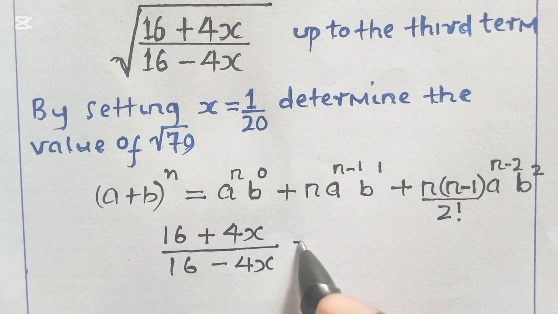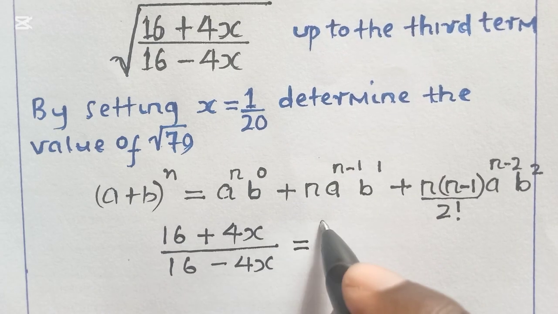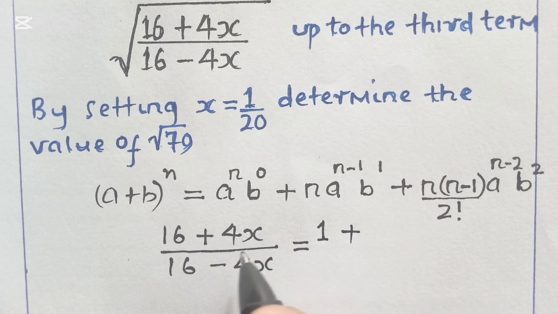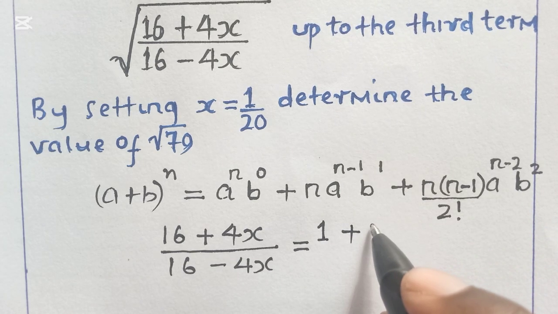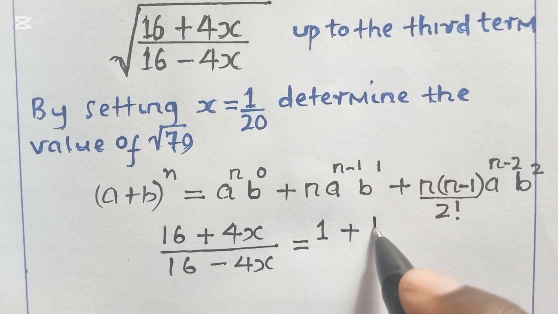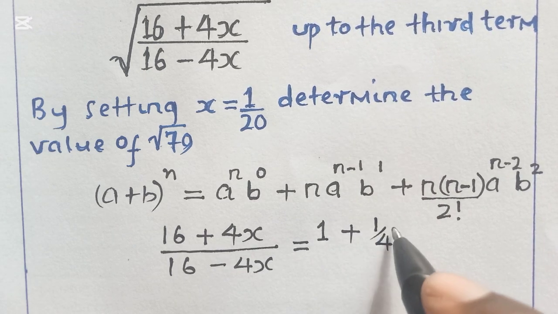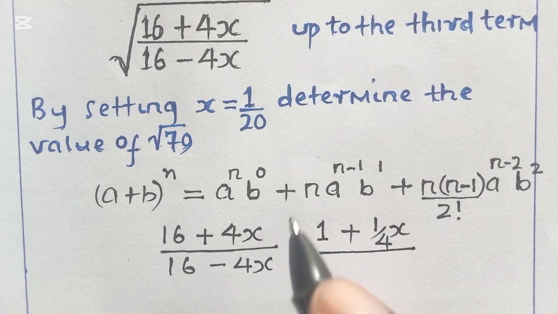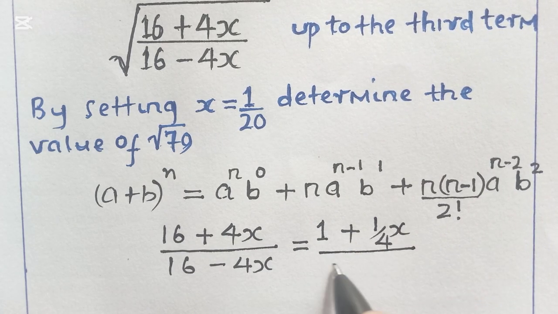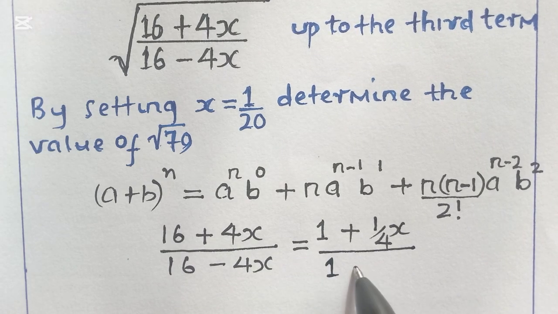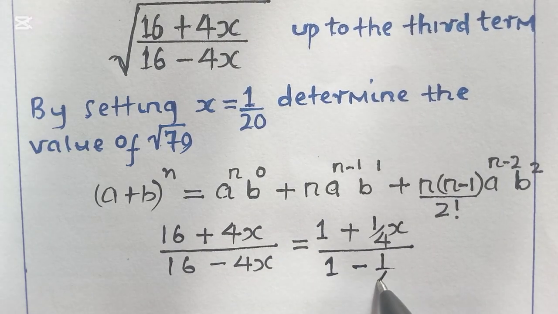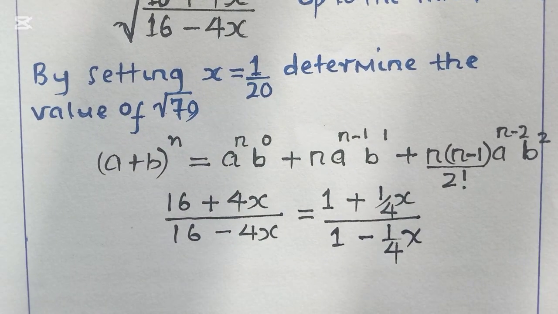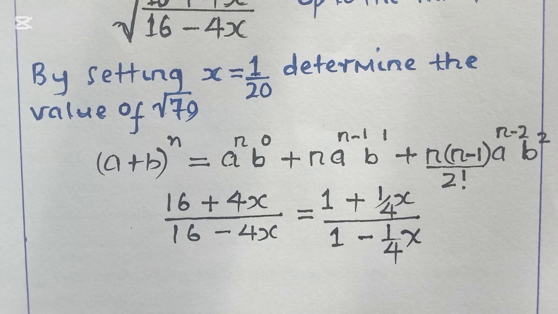So this is going to give me 1 there, then plus 4 over 16, which gives me a quarter, that is 1 over 4 x. While the denominator is still the same except for the negative, so we shall have 1 minus 1 over 4 x. So with that, guys, our equation is now modified for the purpose for which we want to use it.